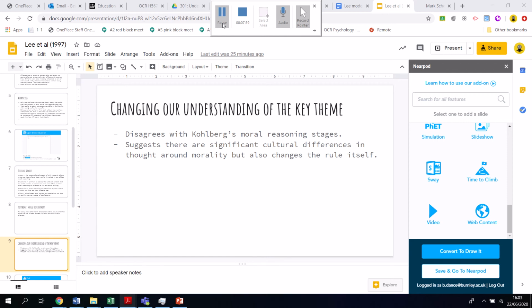So this study does change the understanding that we've got from Kohlberg for 2 reasons. It changes it in the sense that it suggests that actually we don't have stages of moral reasoning. There aren't any universal stages that we all abide by. And also that there are significant cultural differences, not just in the way that you think about morality, but also in the moral rules. Okay, so you could pick either one of these points really.